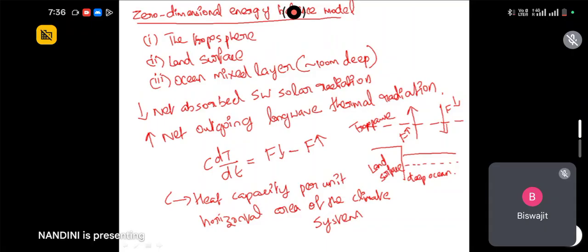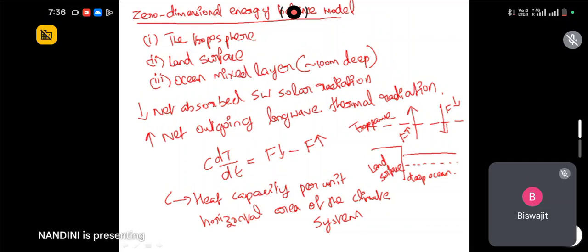So for heat capacity, we are considering the heat capacity of the ocean, because the heat capacity of the atmosphere and land surface is very small compared to the heat capacity of the ocean.